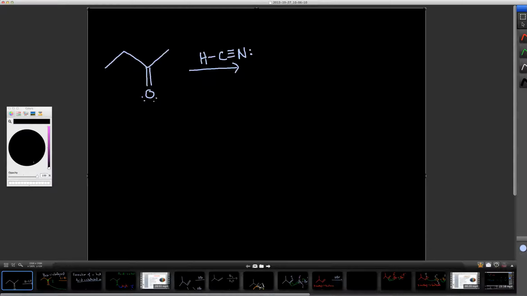I want to undergo the acid-catalyzed mechanism, so we want a proton transfer in the first step, activating our carbonyl carbon as an electrophile. And then attack of cyanide.